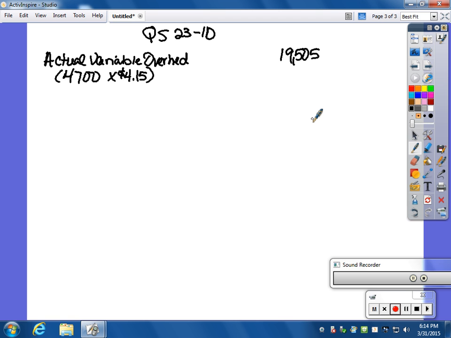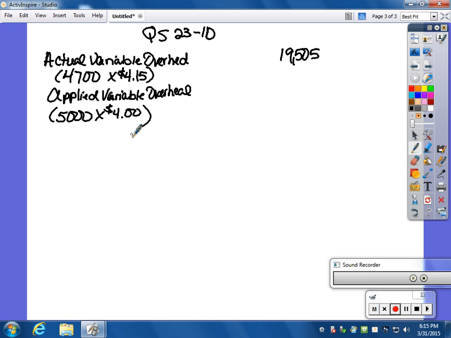So we have to do applied variable overhead, and that's the same as the standard that you see on that table. I don't want you to get thrown off. What do I calculate? 5,000 times $4 even. What's the amount? 20,000.